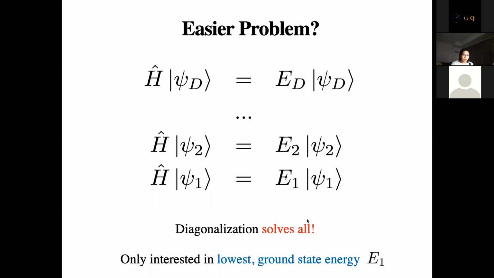What it means is, instead of all of these eigenvalue pairs, let's say we have these E_D to E_1 in decreasing order, we're only interested in solving the H psi_1 = E_1 psi_1 equation. This will allow us to bypass diagonalization and use something we call the variational method to solve for only the last equation with the lowest eigenvalue. We call it the ground state energy.